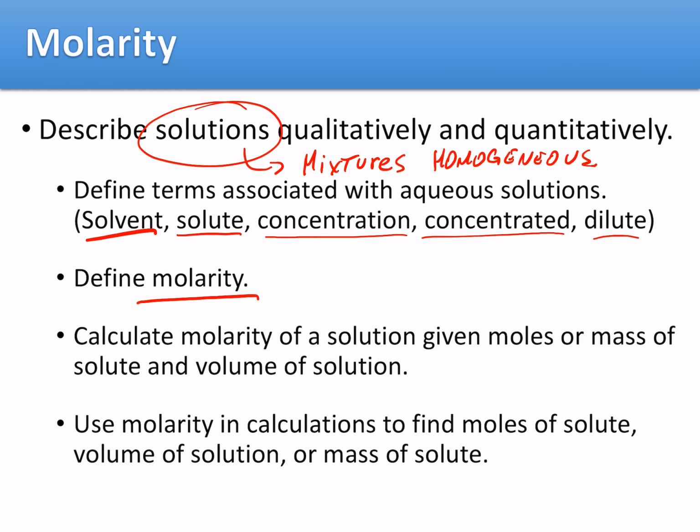Of course, define molarity, how you can calculate molarity, and more importantly, how you can use molarity to calculate the concentration of a given solute in a solution, or to calculate any other quantity related to molarity, being moles of solute, being volume of solution, or you can even calculate mass of solute.